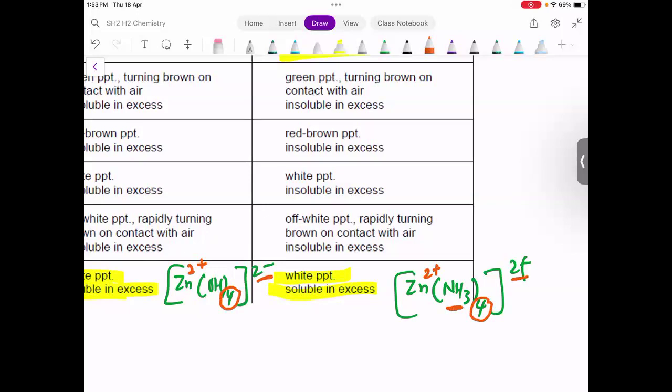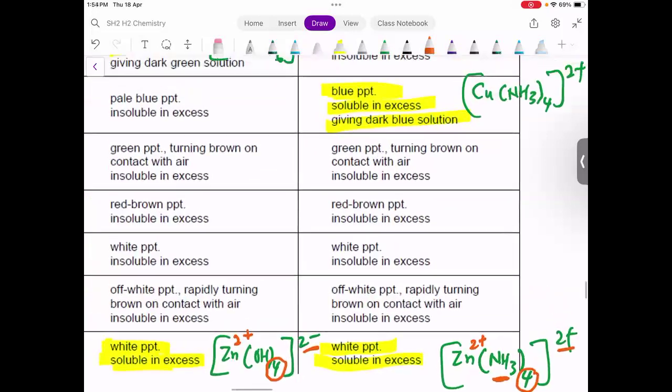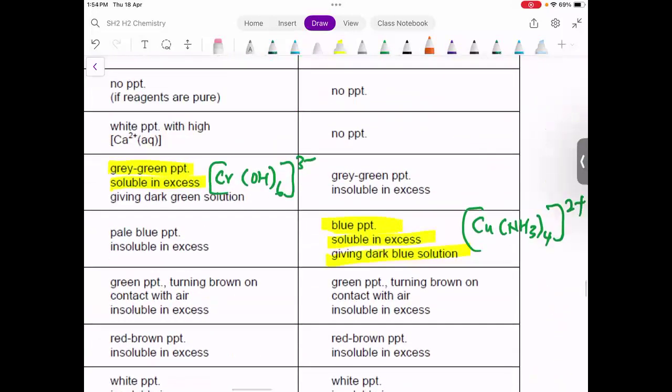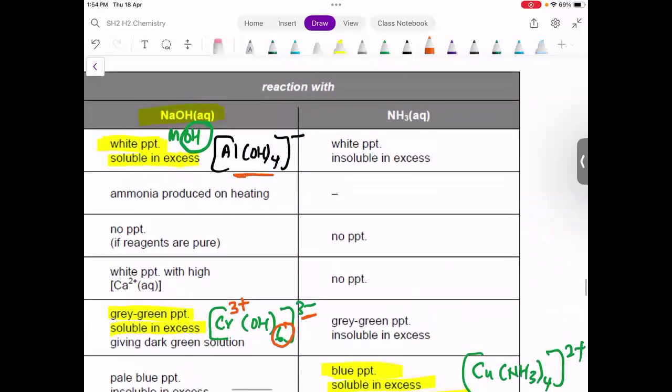If you look at the case of chromium, chromium is 3 plus, so twice of it is 6. So 6 minus 3 plus, net charge of 3 minus. Generally that's the trend, except for this one, which is the exception. Remember, I've gone through this review during the inorganic QA.